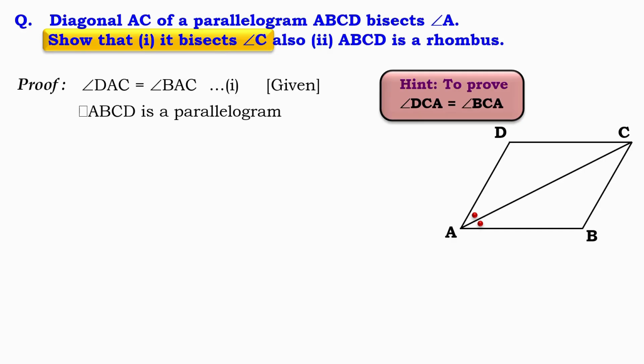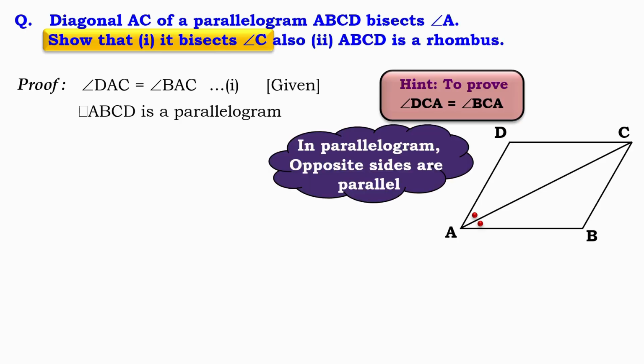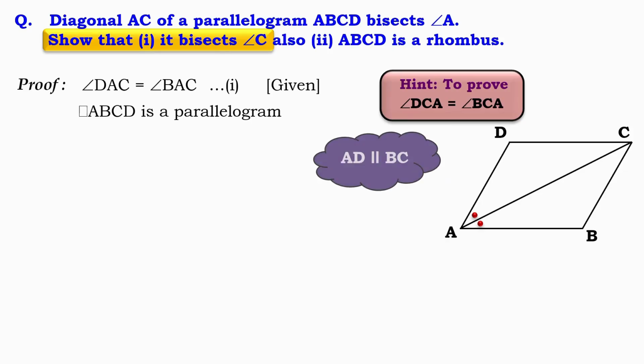So we know that ABCD is a parallelogram. What are the properties of a parallelogram? The opposite sides are always parallel. That's the definition of a parallelogram, right? So that means AD is parallel to BC, right?